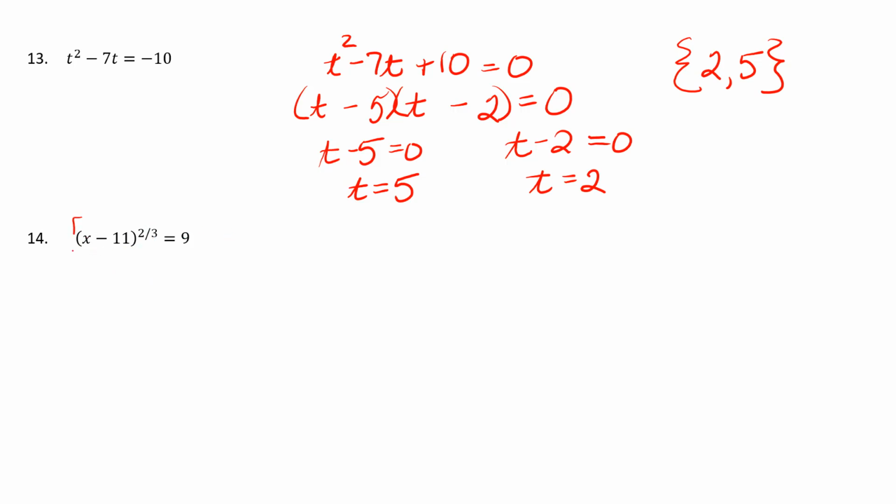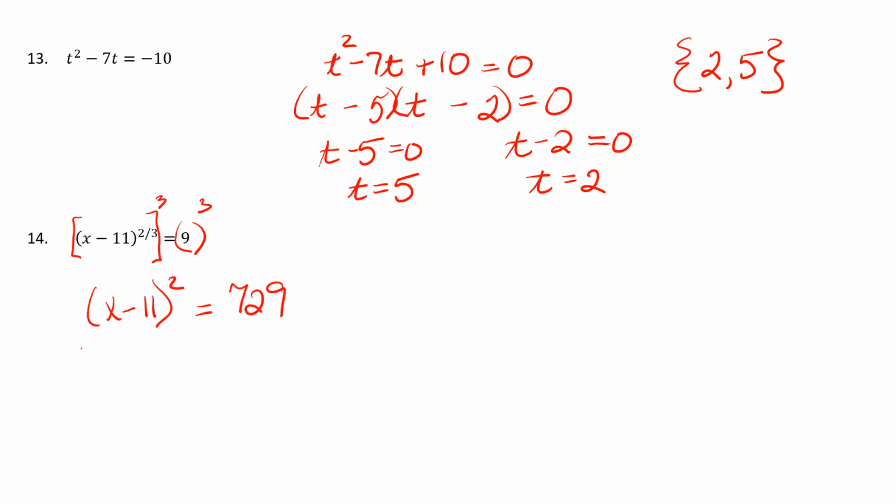So the first thing you want to do is raise both sides to the 3rd power. That's going to give you x minus 11 squared is equal to 9 to the 3rd power. So 9 to the 3rd is 81 times 9, which is 729.